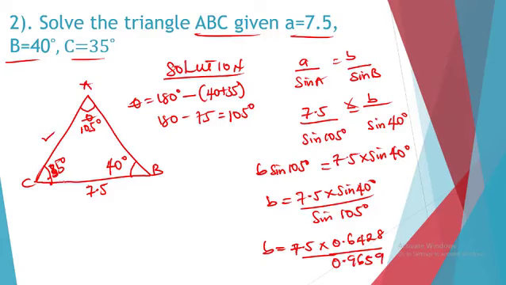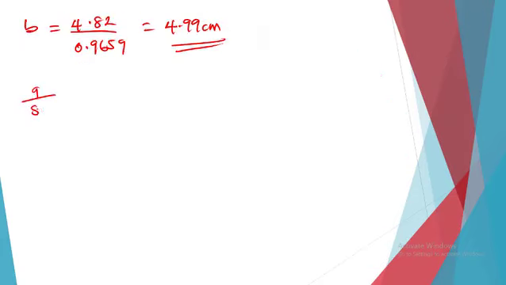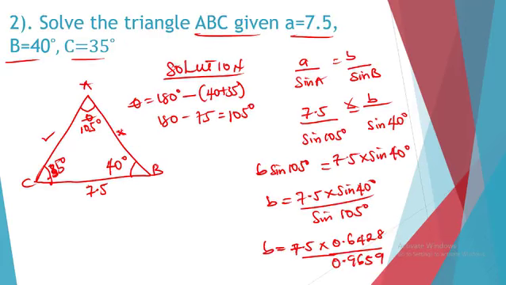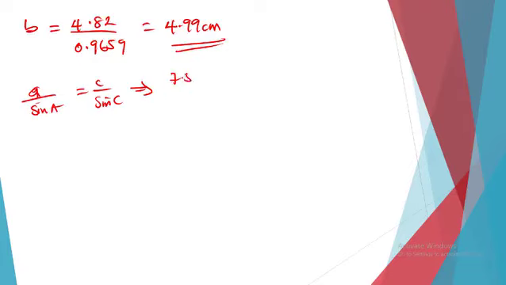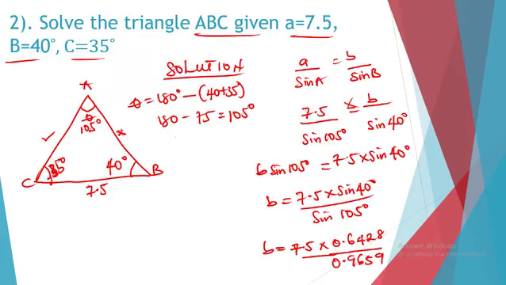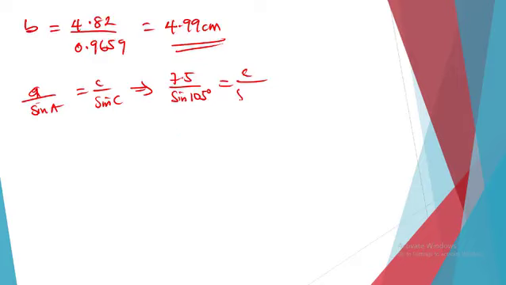To find the value of side c, which is here, we also use a and c. We have a over sine A equal to c over sine C. Small a is 7.5, so 7.5 over sine 105 equals side c, which is not given, all over sine 35 degrees.